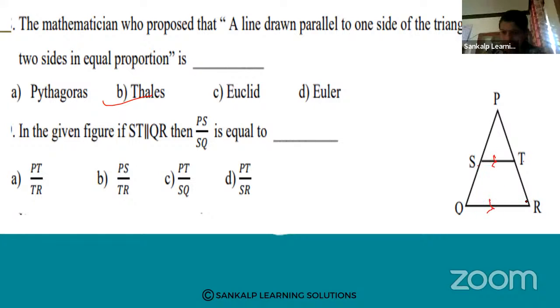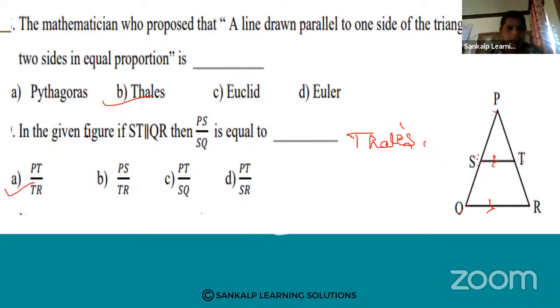Then PS divided by SQ is equal to, on the basis of Thales theorem, PT divided by TR. Why? Because these two are corresponding sides, so they are equal. PS divided by SQ equals PT divided by TR. So where is PT divided by TR? Option A. Option A is right.